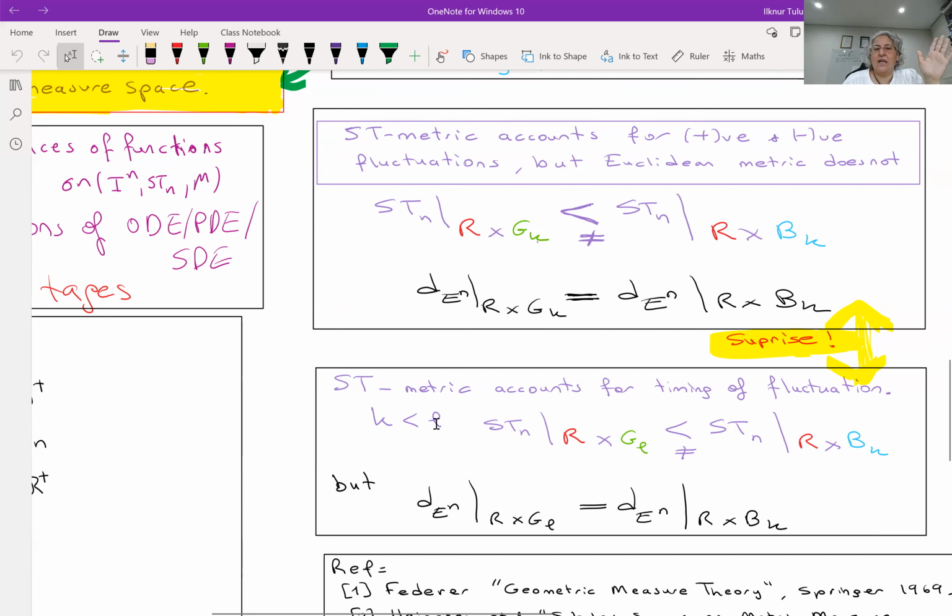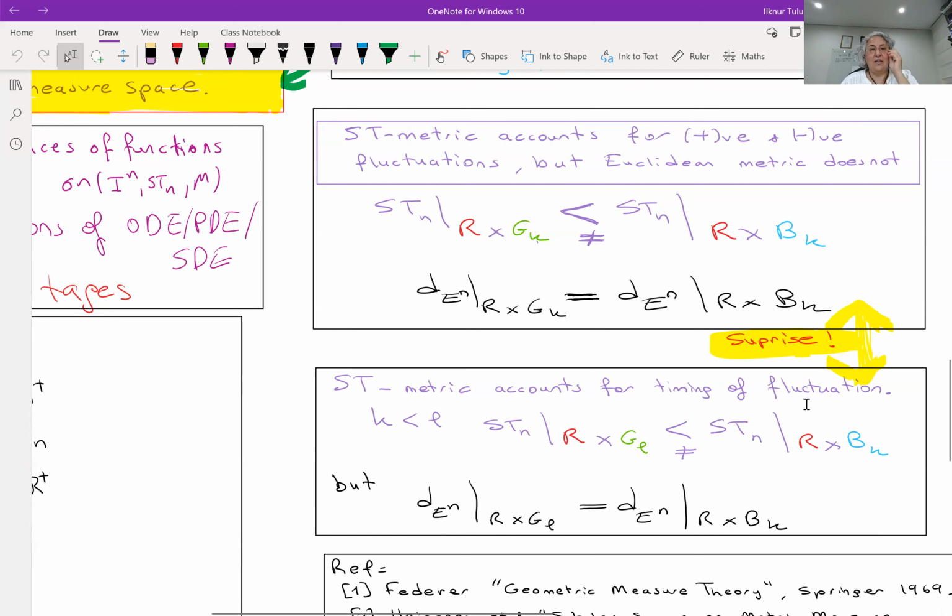And a similar thing happens if I change the location, or basically the timing of the fluctuation, for example, if k and l differ. This is positive, this is negative, and this is always smaller. So if l is bigger, the timing close to the recent times gives you a smaller value in the ST metric than the historical ones. This does not differ in Euclidean metric spaces. They are the same. This is a surprise.